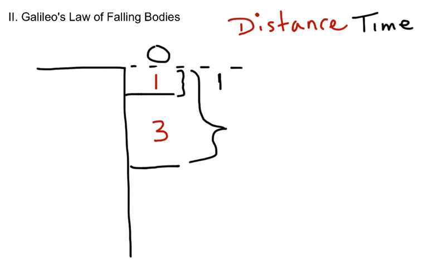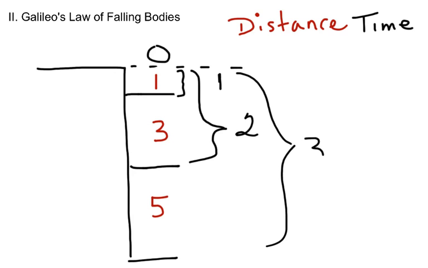So for the object to travel the first unit of distance and then the next 3 units of distance, that takes 2 units of time. For the third unit of time, the object then fell 5 units of distance, and that is for a total of 3 units of time.